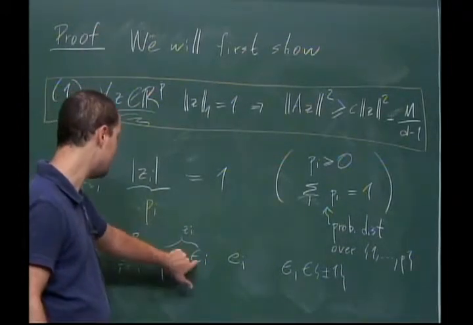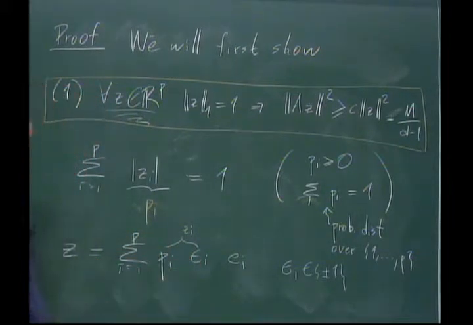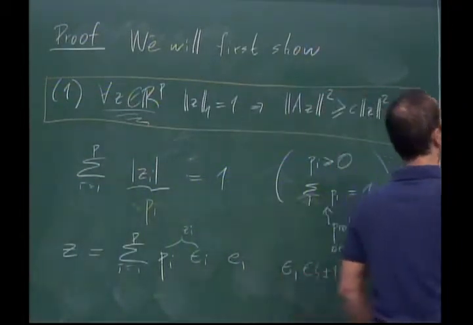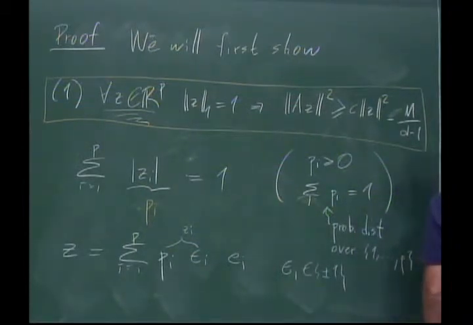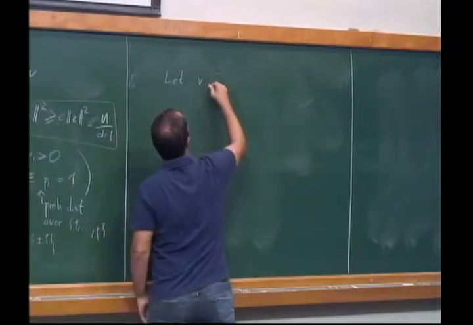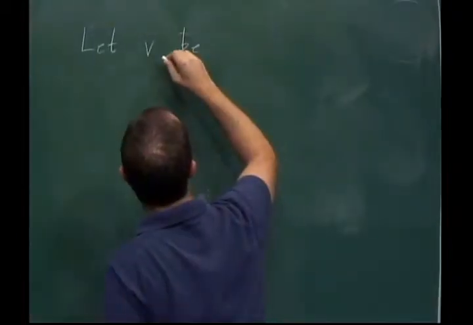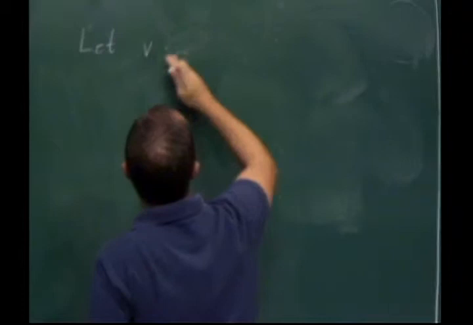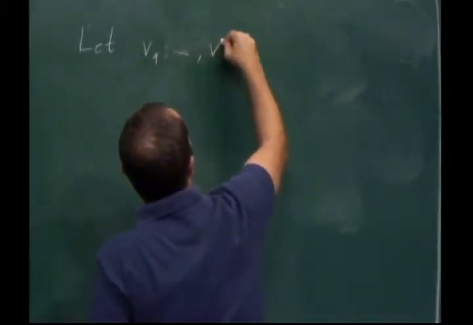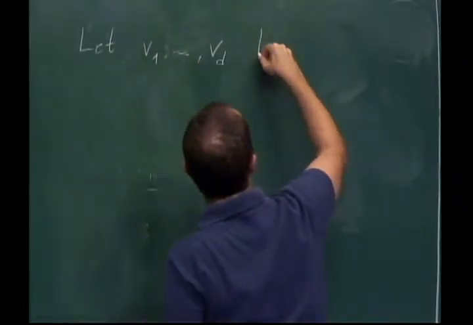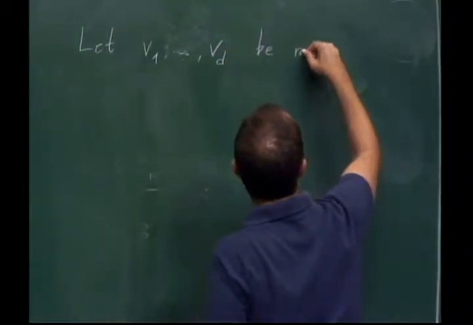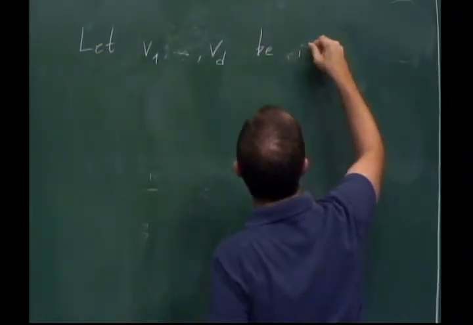If z_i is 0, it doesn't matter what you choose because p_i is 0. But you can certainly write z down as this. Now notice the following. Let V_1 up to V_d be IID random vectors, defined on some probability space.